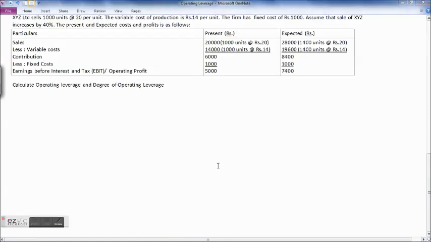So what is the formula for operating leverage? Percentage change in EBIT upon percentage change in your sales.